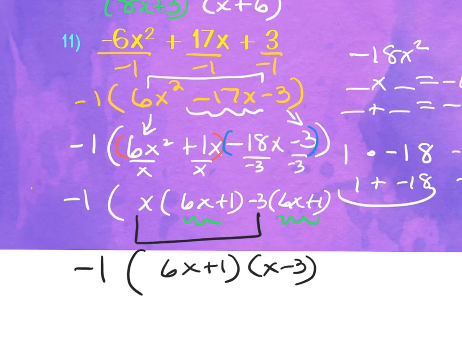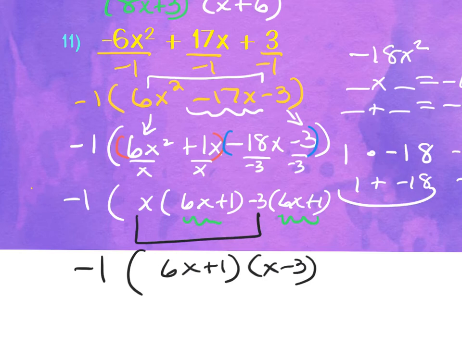So the answer, we keep the -1 out there? Yes. Whenever you factor out a negative or any kind of GCF, it never goes away. You always need to remember to keep it in your answer. Otherwise, you're going to lose points when we test or quiz.